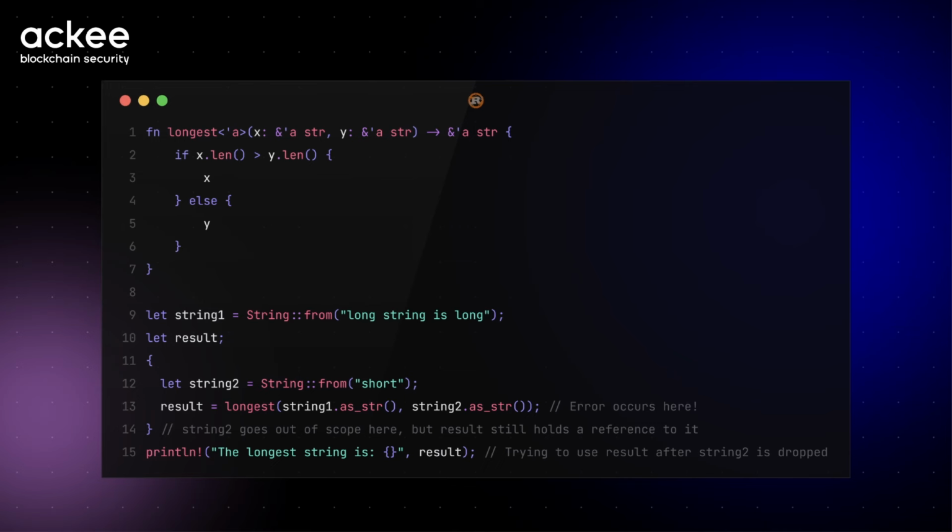With the lifetime, you basically specify that the underlying value should live for some period of time. In this case, we have specified that both variables should live for the same period of time, but it is not ensured because string 2 is dropped after the block ended, because the variable went out of scope.